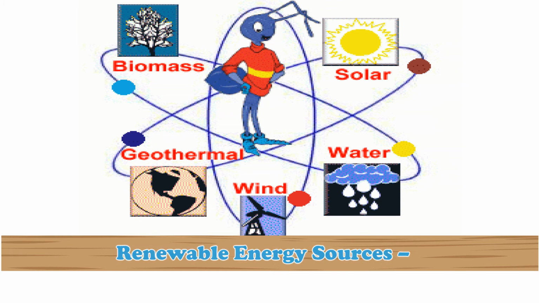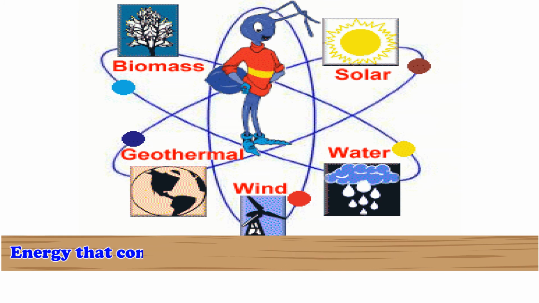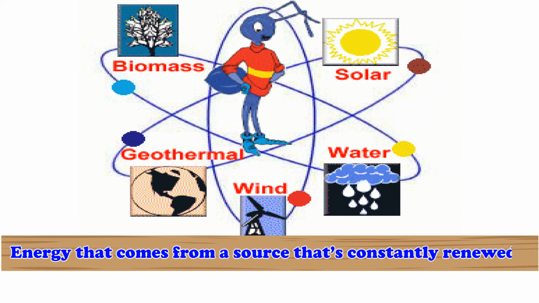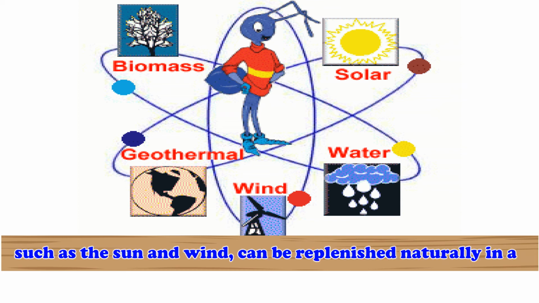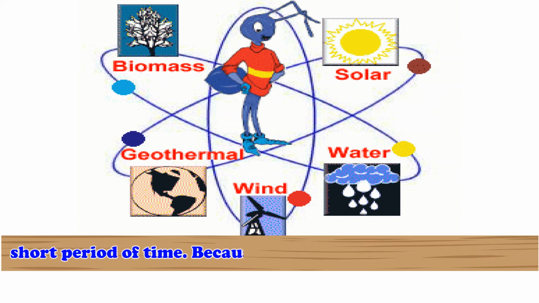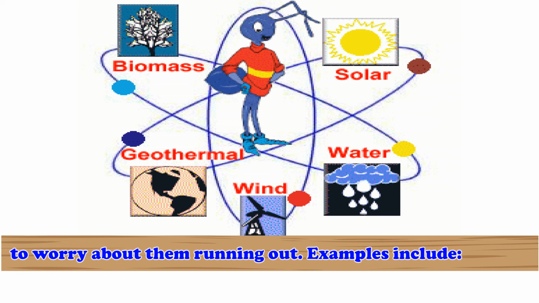Renewable energy sources. Energy that comes from a source that's constantly renewed, such as the sun and wind, can be replenished naturally in a short period of time. Because of this, we do not have to worry about them running out.